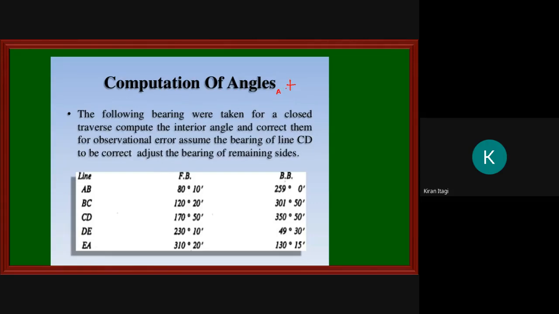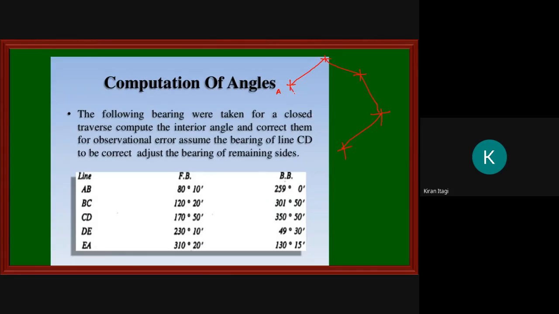This is my station A. Station B to C it is 120 degrees. From C to D is 170, meaning lesser than 180. Here it is 230, so it will come here.